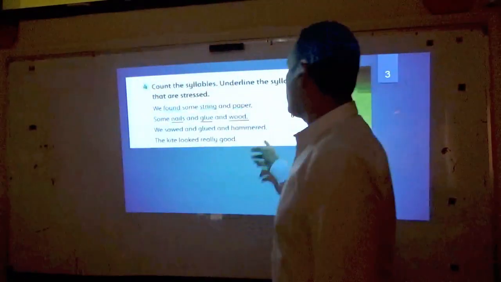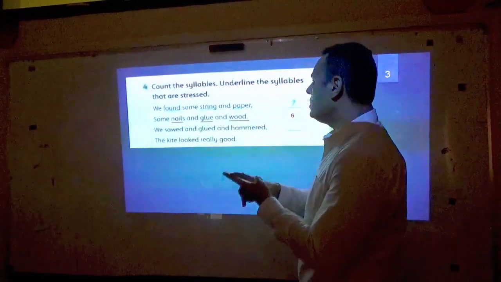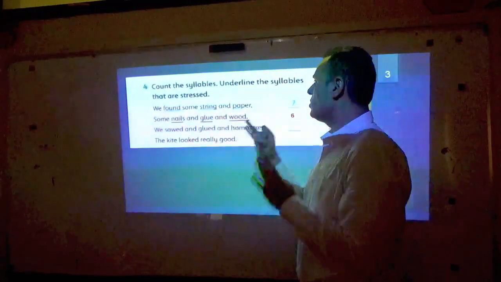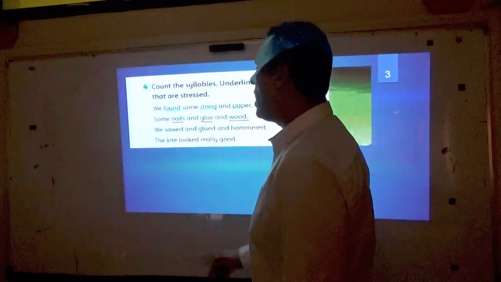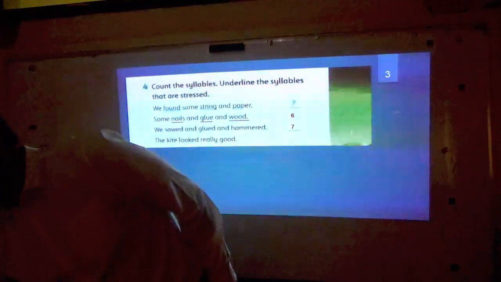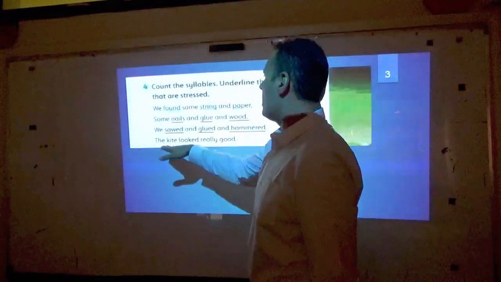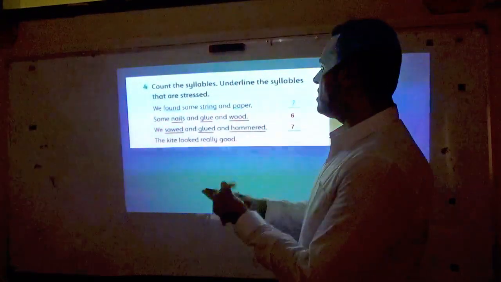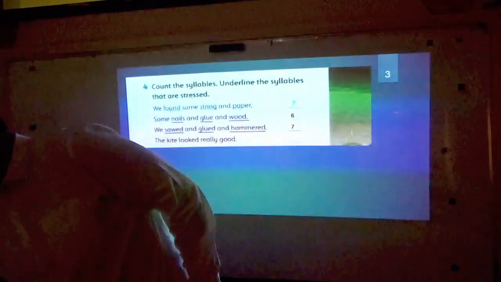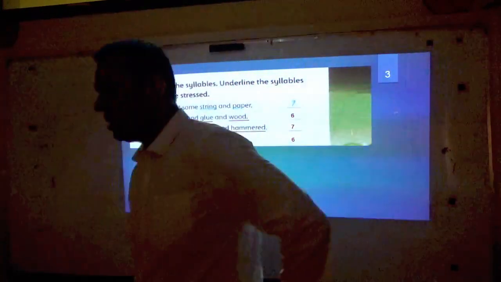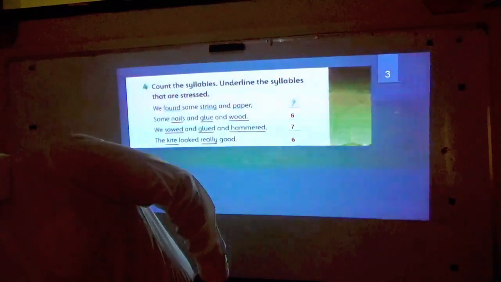Number 3: we sawed and glued and hammered. So the number here, 7. Let's see the stressed ones: sawed, glued, hammered. The last line: the kite looked really good. So the number here, yeah, 6. And the stressed ones, kite and really.